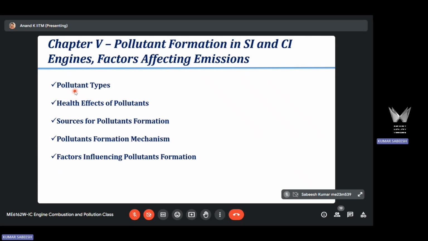No. NO is a major component, both in SI and CI. What I said is in SI engine, NO is around 97%. NO2 is only 3% or less than that. It's negligible. In diesel engine, NO2 is 10 to 30%. The remaining is NO, so you have NO varying from 70 to 90%.